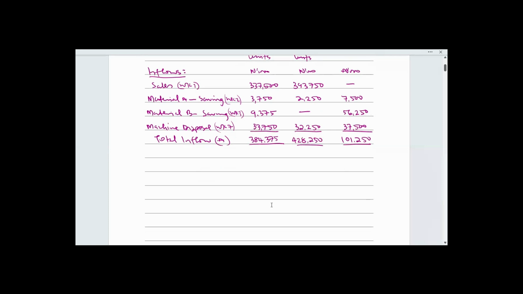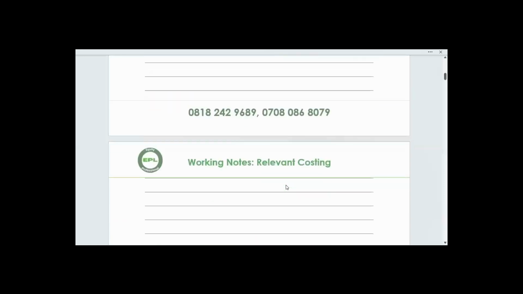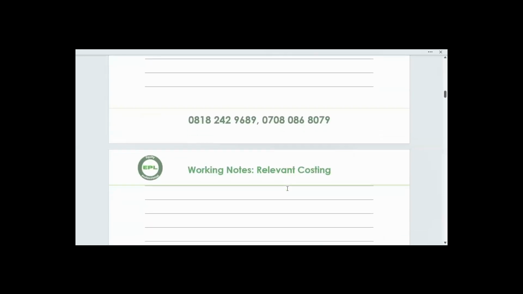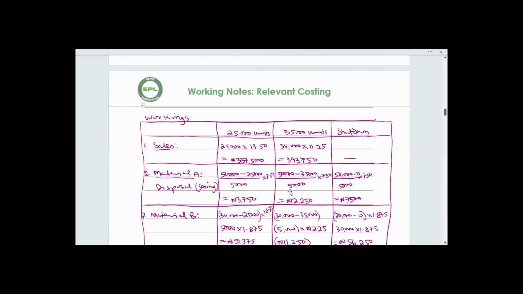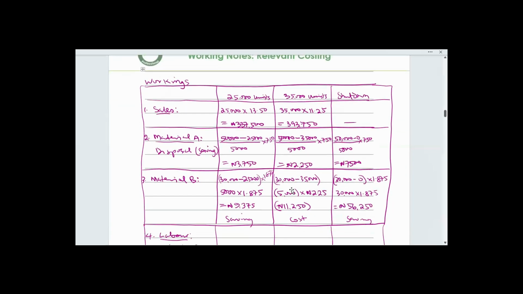So let's do outflows. All the cash outflows, let's account for them. So I will go back to my workings from working number 3. We have cash outflow for material B under option 2, which is 11,250.